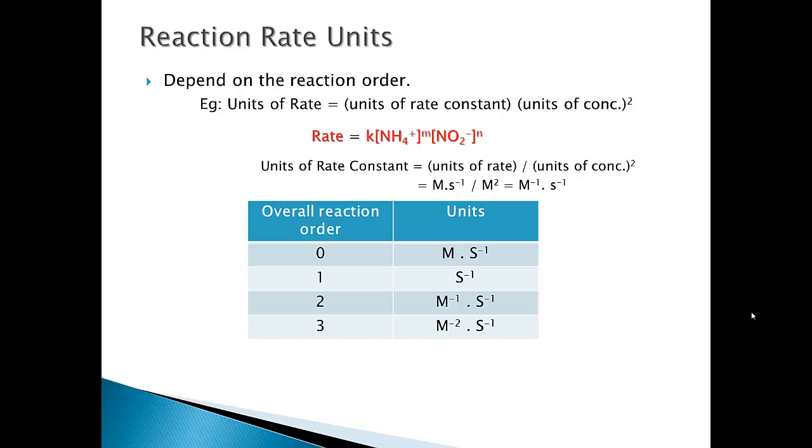If it's a first order reaction, we can say the units are per second. If it's a second order reaction, it's per mole per second, and if it's a third order reaction, it's moles per litre to the -2 by seconds to the -1. In all of them, it's always seconds to the -1, always per second.